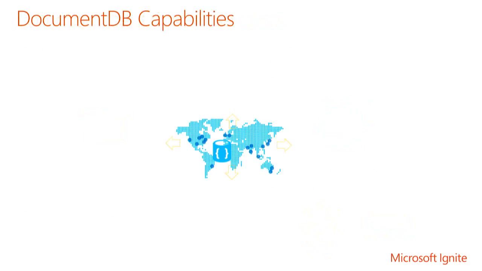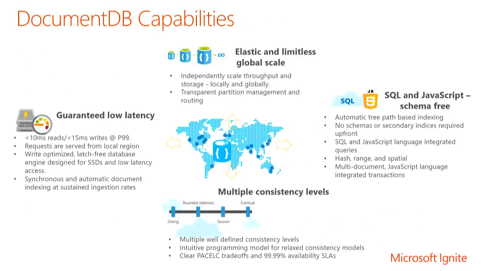to doing social analytics. The main things that DocumentDB really focuses on from a capability standpoint are elastic scale, guaranteed low latency, and, when we talk about replication across regions, giving you some sanity around consistency. And then also handling variety and schema, especially if you have, let's say, a 5-region deployment.